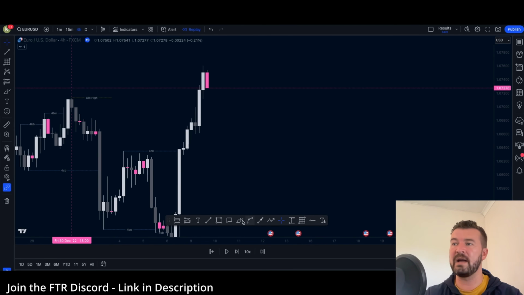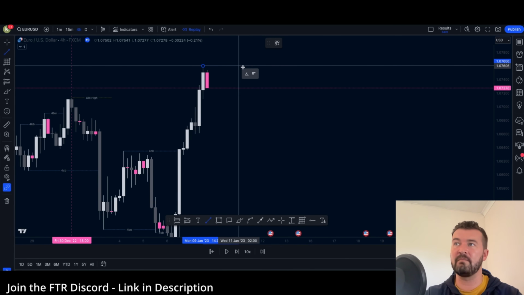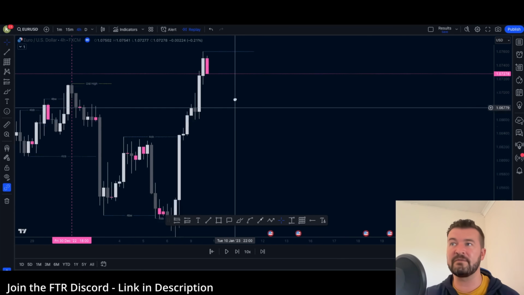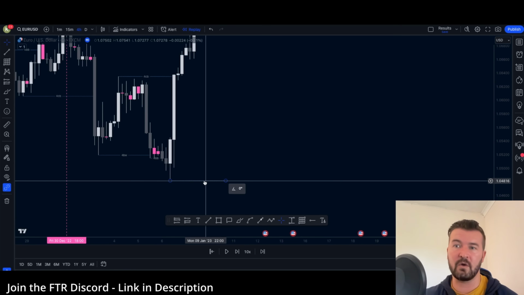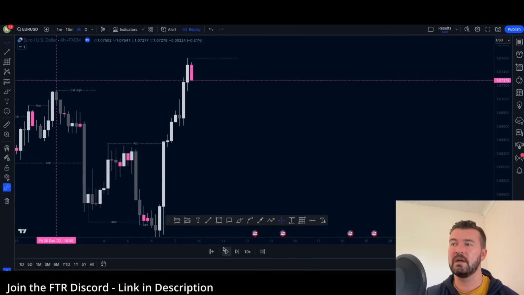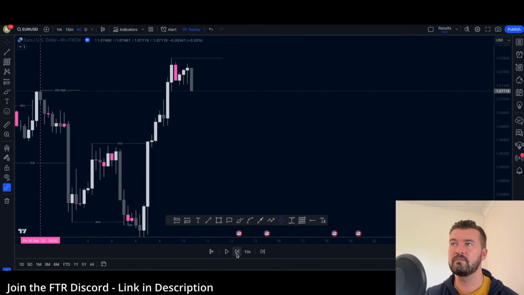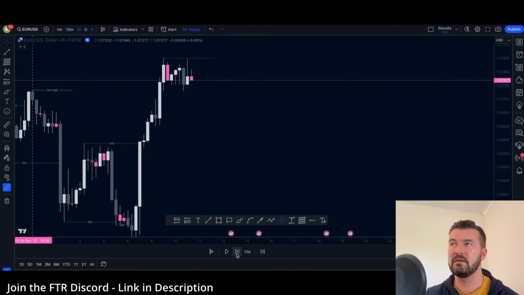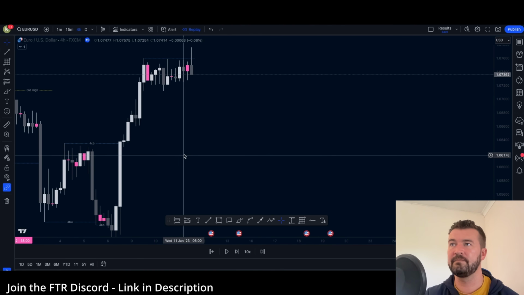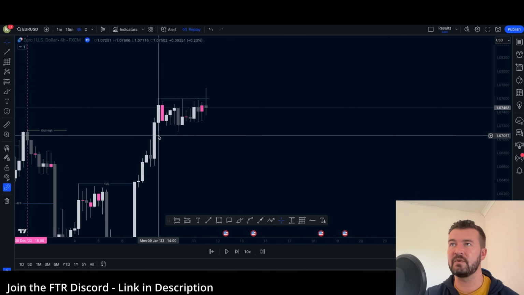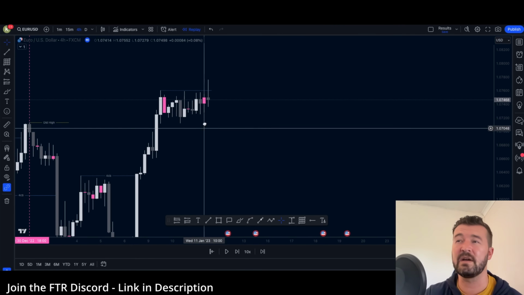Price is starting to pull back. So we found our BOS line. Okay, so if that breaks first, then this just becomes old news, possibly. Right, where's the lowest point? So that's a low of 7115. That is 7119.